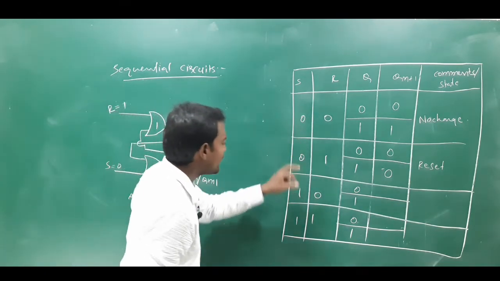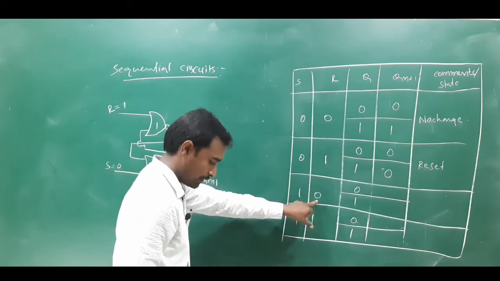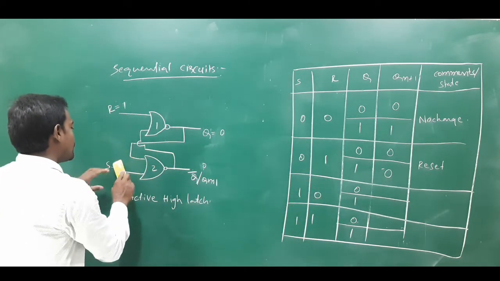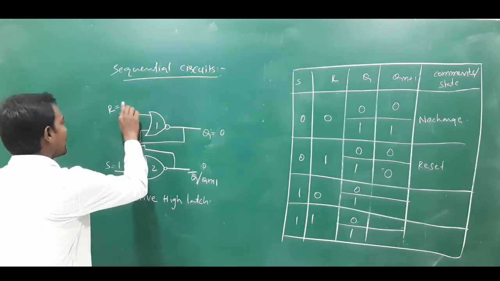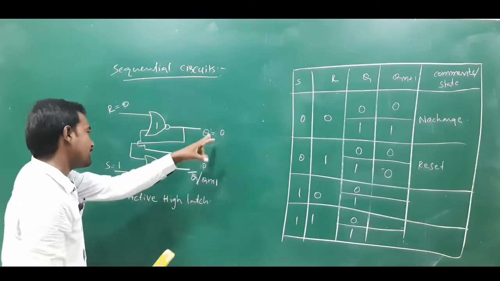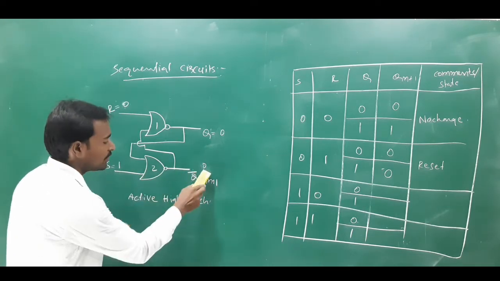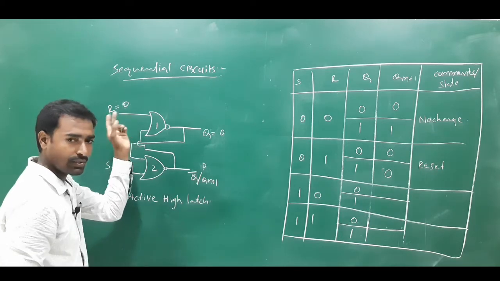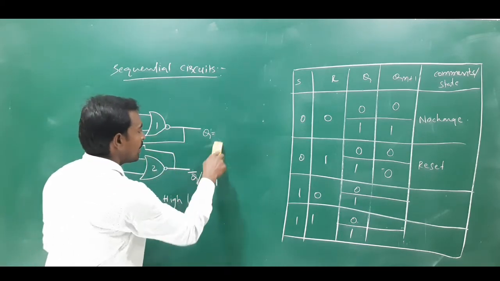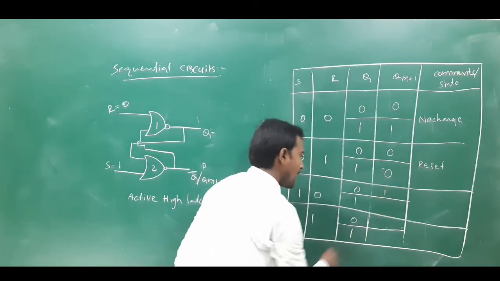Okay, for the next inputs, S is equal to 1 and R is equal to 0, and Q is equal to 0. Then 0 plus 1 equal to 1, 1 complement 0 here, and again 0 plus 0 equal to 0, 0 complement 1. So here we are getting the output 1.